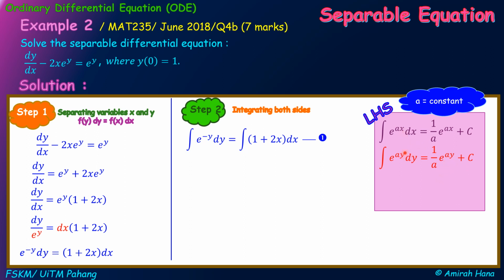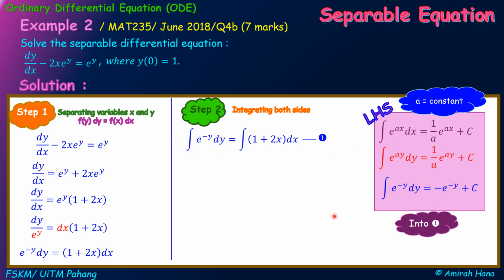We just replace variable x by y. When we compare to the left hand side, our a now is negative 1. So when we integrate e the power of negative y dy, we have 1 over negative 1, which is negative 1, and then e the power of negative y plus c. Now we get the answer for the left hand side.